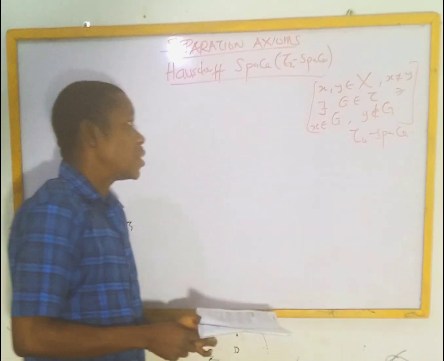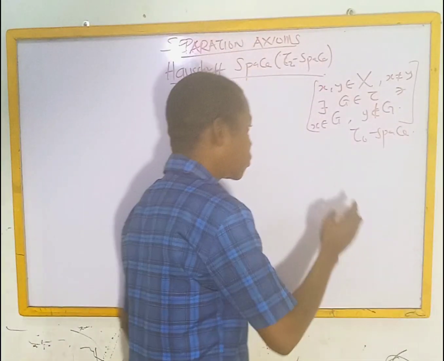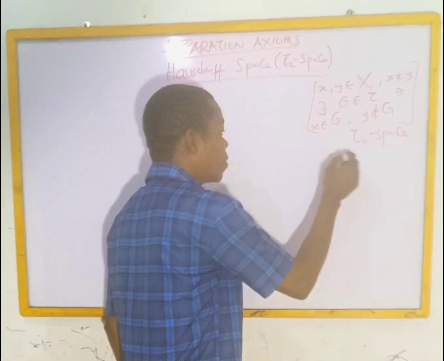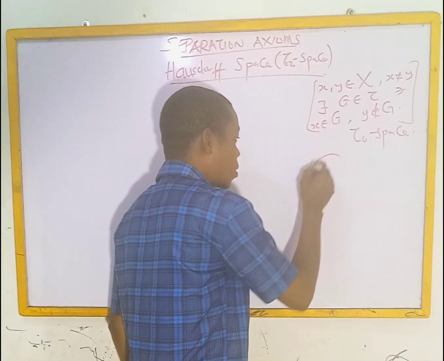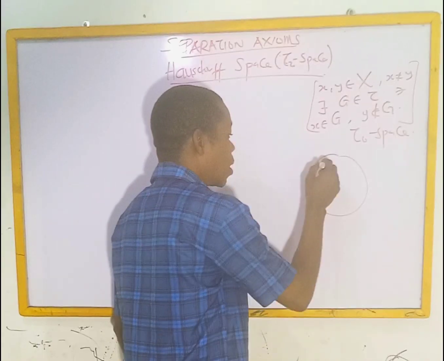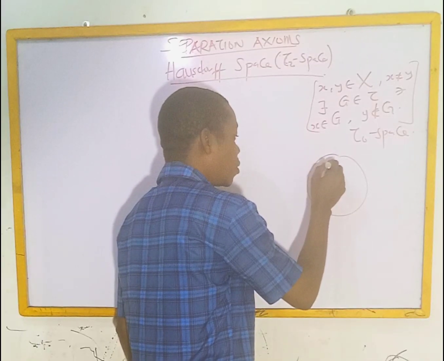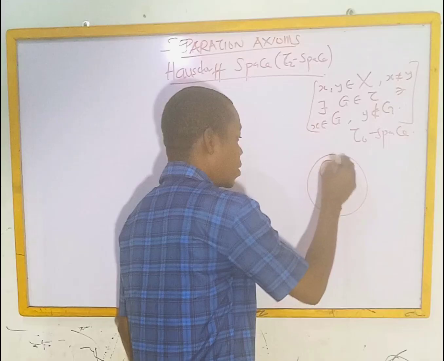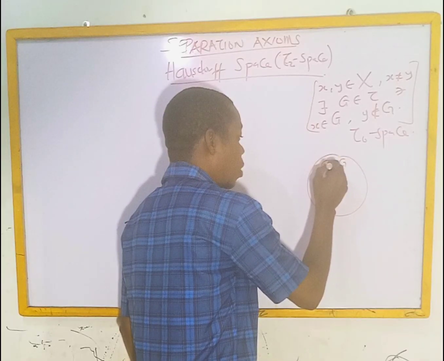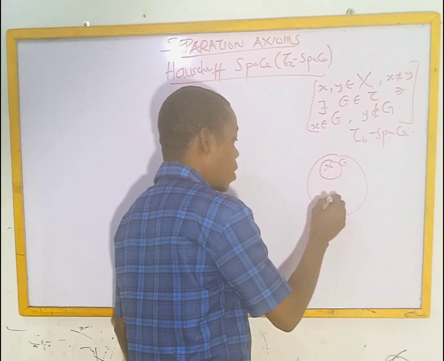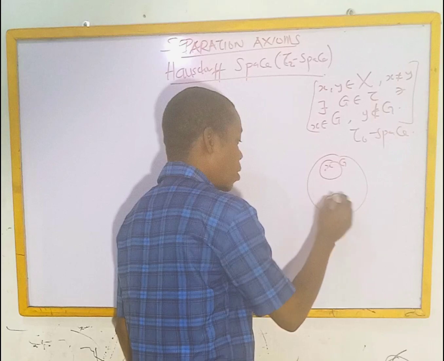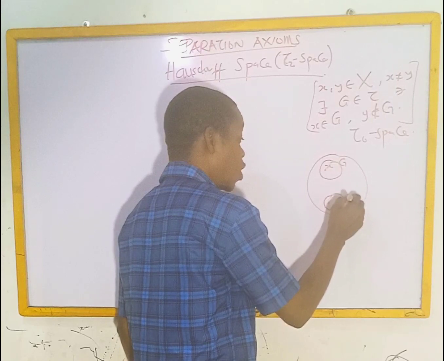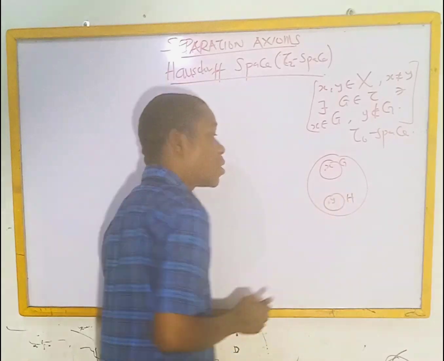Then for Tau1, you have a topological space, and you have an open set G with a point x in it, and another open set H that contains a distinct point y.